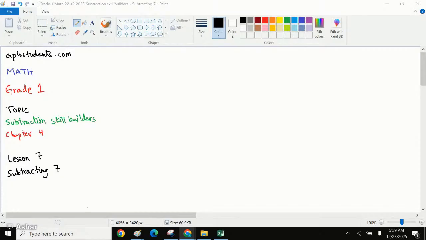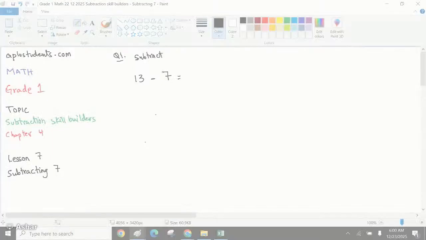Okay, the first question says, question number 1 says subtract 13 minus 7. Okay, let's see what is 13 minus 7, and we also have a hint on the screen. It shows us that we have some values given to us.